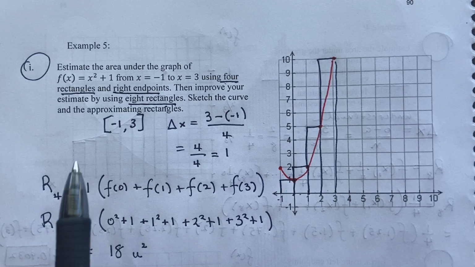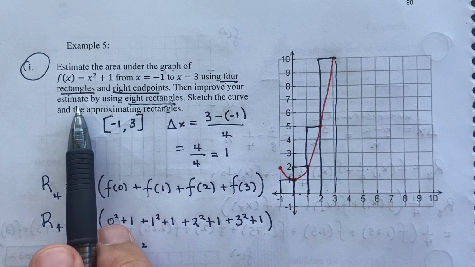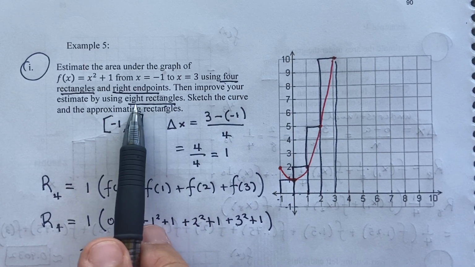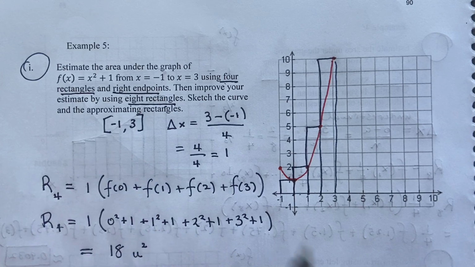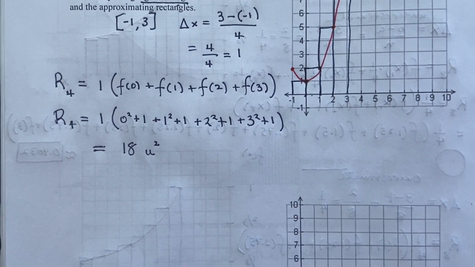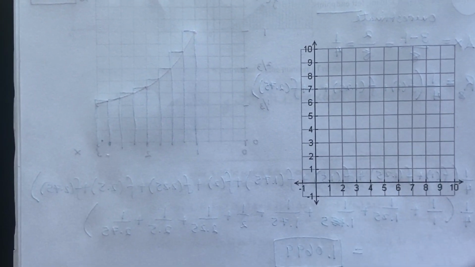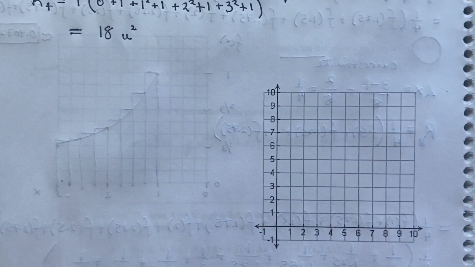Okay. So that was right endpoints, and then it says improve your estimate by using 8 rectangles. So I'll do that down here. I'll draw the curve again.